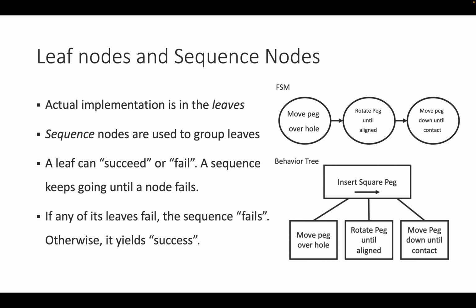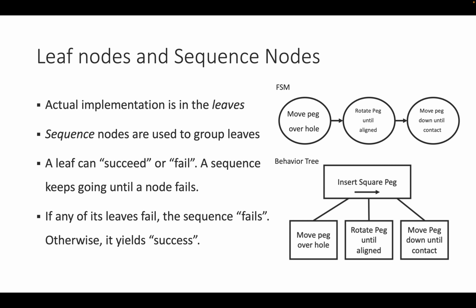What they do is they will execute these children from left to right until the first one fails. If any of these fails, the sequence node will fail. If all of them completely run and finish, the sequence node will finish.